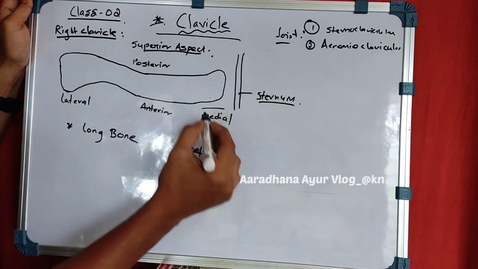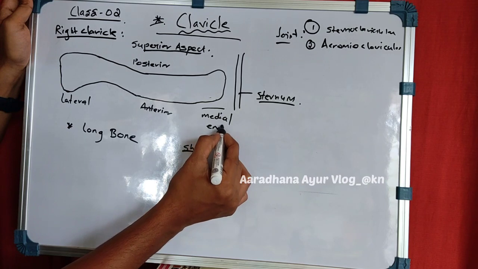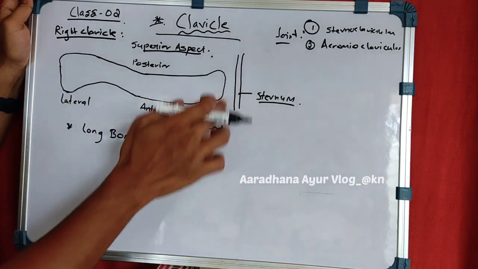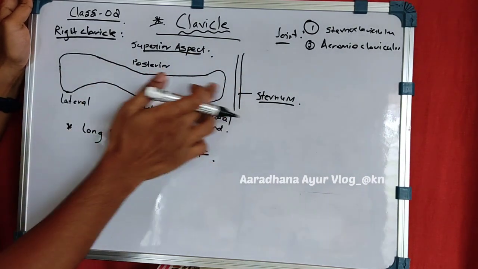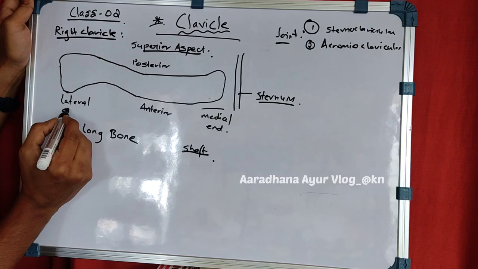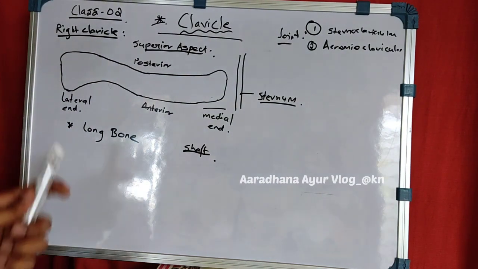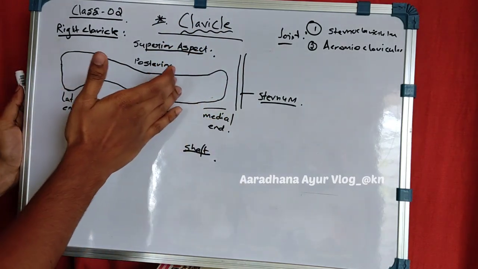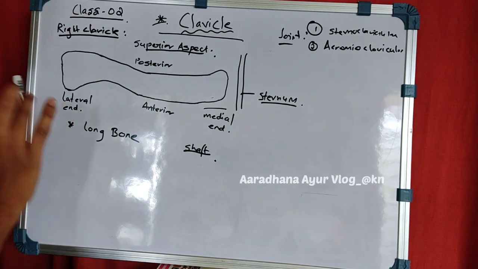The end near the midline is called the medial end. The shaft is the middle part, and away from the sternum, away from the midline, is the lateral end. So the clavicle has three parts: the medial end near the midline, the cylindrical shaft, and the lateral end.